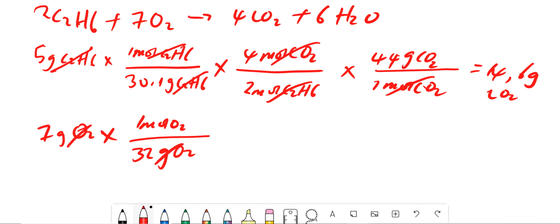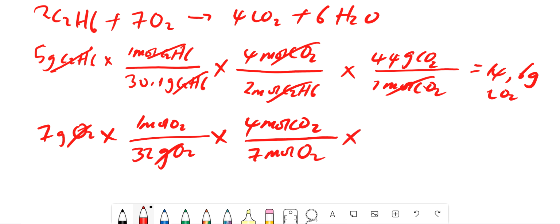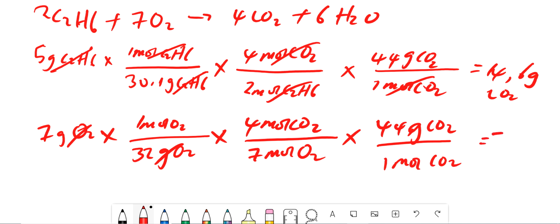That will cancel out, and then again the mole ratio. The coefficient of oxygen there is 7, so that means 7 moles of oxygen, multiplied by 44 grams CO2 over 1 mole CO2. The answer here will be 5.5 grams of CO2. Okay, so which one is the limiting?